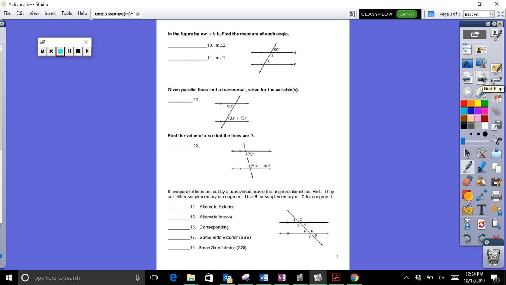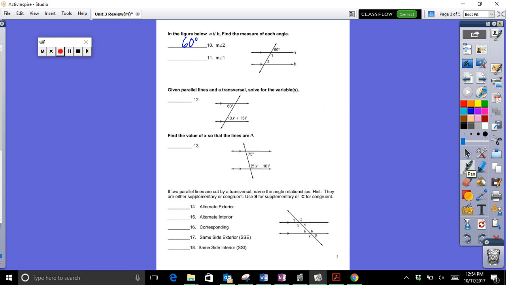Then on number 10, it says in the figure below, A is parallel to B, and they have that marked. Find the measure of each angle. They want to know the measure of angle 2 and angle 1. Well, we know that this angle and angle 2 are corresponding angles, and corresponding angles are congruent. So we could say angle 2 is 60 degrees. Then we need to figure out what angle 1 is.